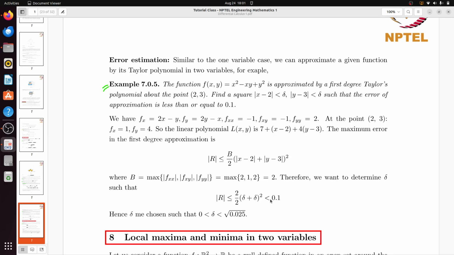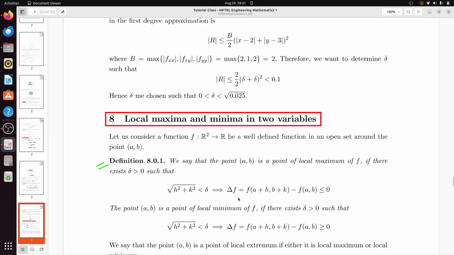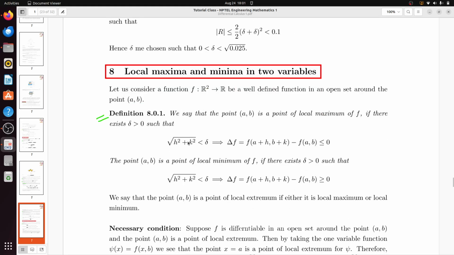Okay, thank you. Now, local maxima and minima in two variables. I will not go into the definition, I will just tell you that in single variable calculus, say you have a function f(x), your point alpha will be a local maximum if there is a neighborhood of alpha such that f(x) is less than f(alpha) for all x belonging to that neighborhood, right?